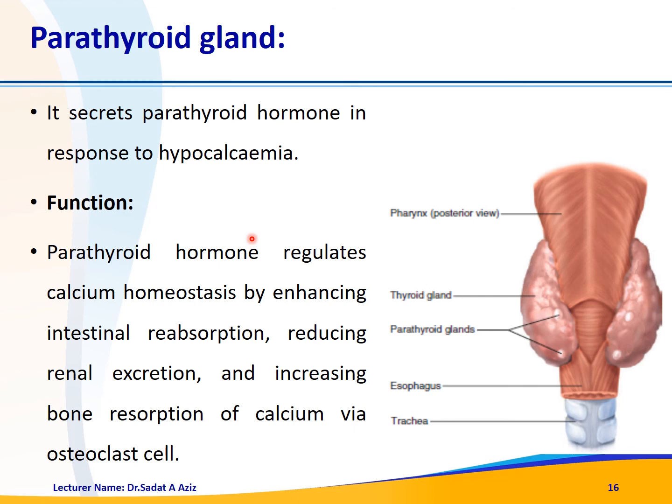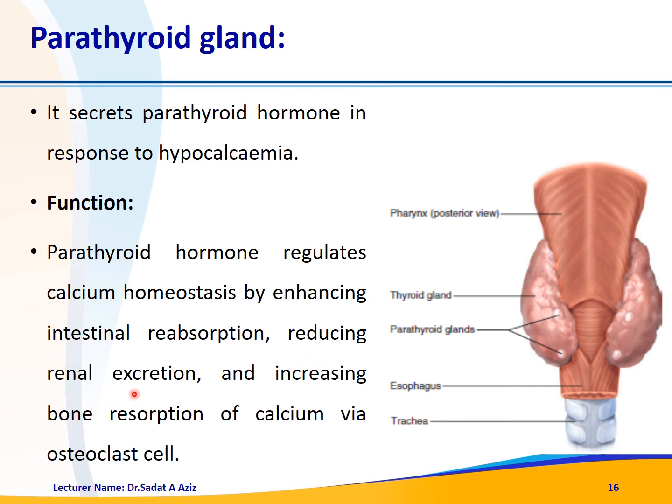So parathyroid hormone can regulate the level of calcium, or increase the level of calcium in the blood, by enhancing the intestinal absorption of calcium. It induces the enterocytes to increase the uptake of calcium.